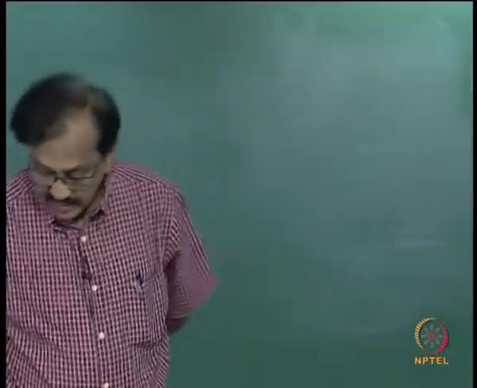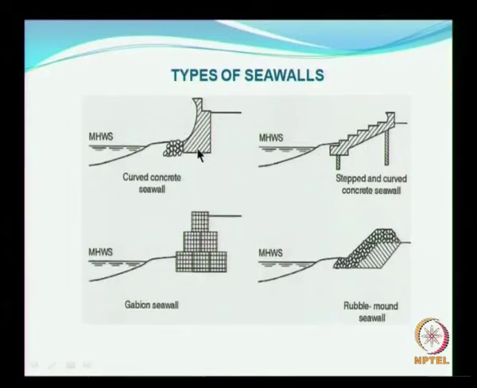So, these are concrete type of walls, and they are not rubble mound. Of course, this can also be constructed in terms of rubble mound, a bit complicated, but it can be done.